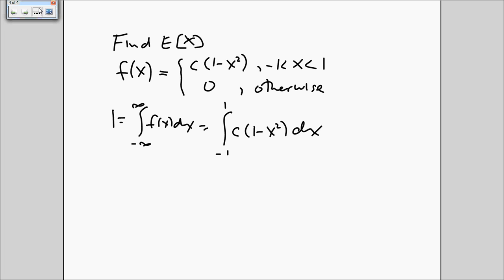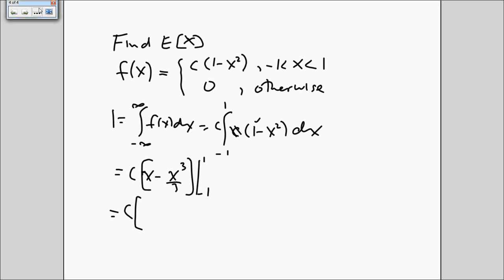The c I can pull out in front. The integral of 1 dx is x, minus the integral of x squared, which is x cubed over 3. And this goes from -1 to 1.